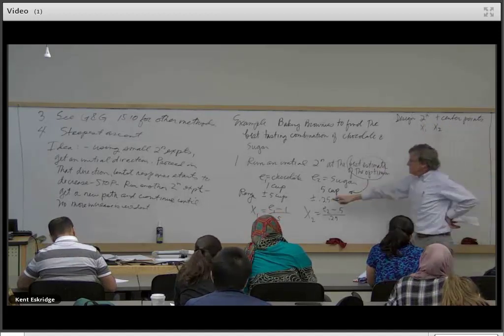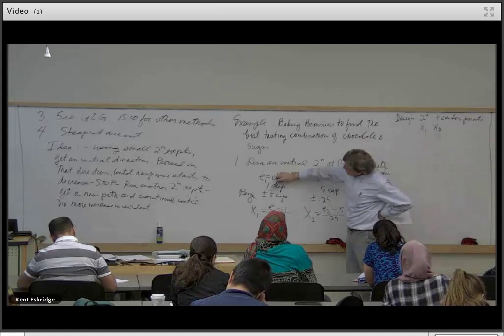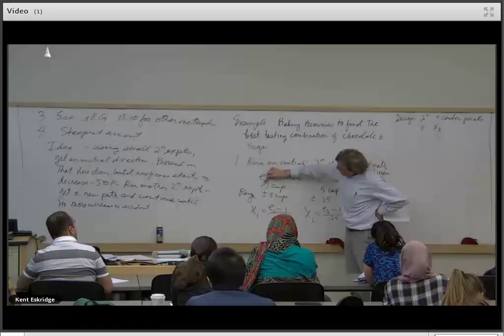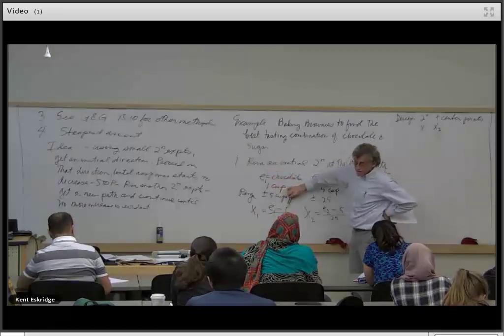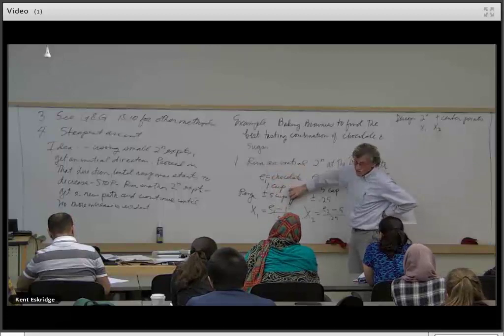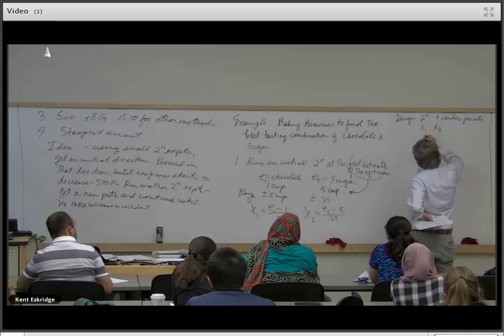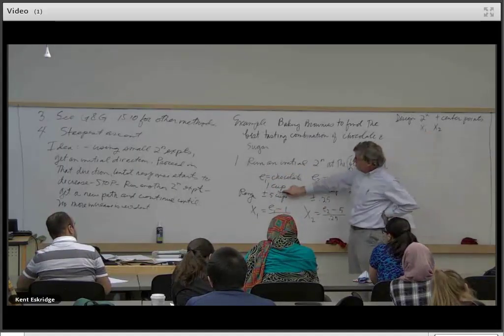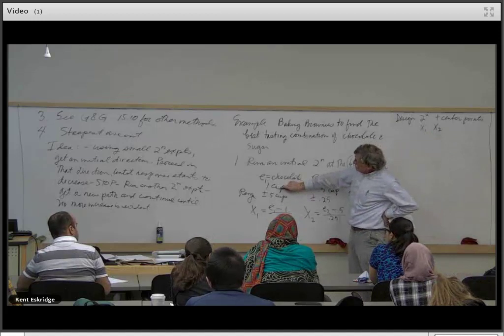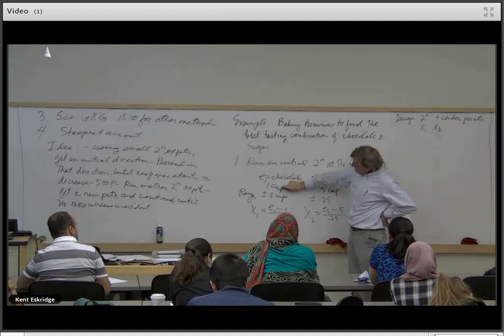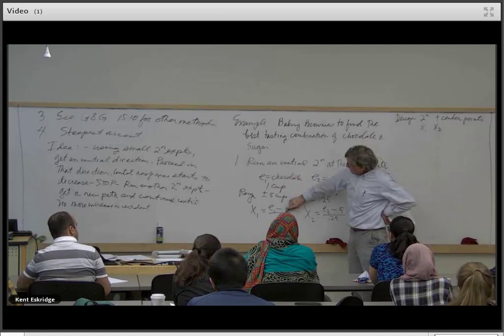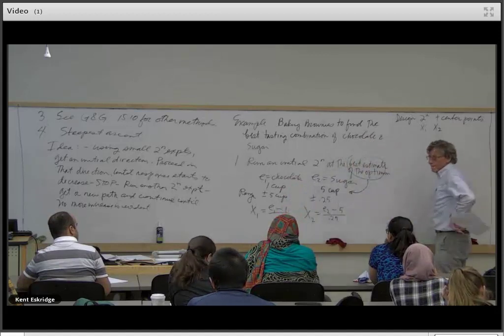Now if I go down half a cup, it's going to be minus 1, right? If I go up half a cup, it's going to be plus 1. So my coded values are going to be minus 1 and plus 1, right? So if I go down half a cup, it's 0.5. Okay, so 1 minus 0.5 divided by 0.5 is minus 1, right?